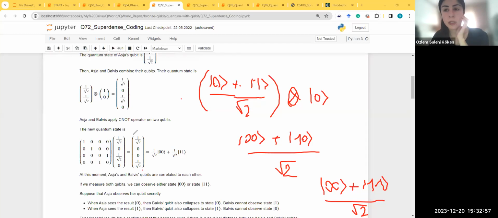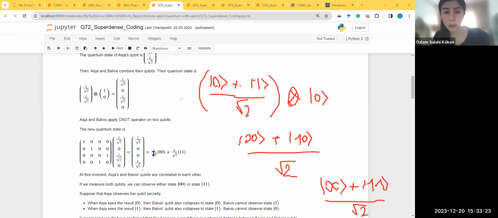Okay, let me repeat the question. By the way, Yavuz, if you can write exactly what you didn't get, I can explain. So we applied Hadamard and CNOT. Asya and Boris have two qubits. And finally, their qubits have this quantum state: 1 over square root 2, 0, 0 plus 1 over square root 2, 1, 1. Now, here's the question.